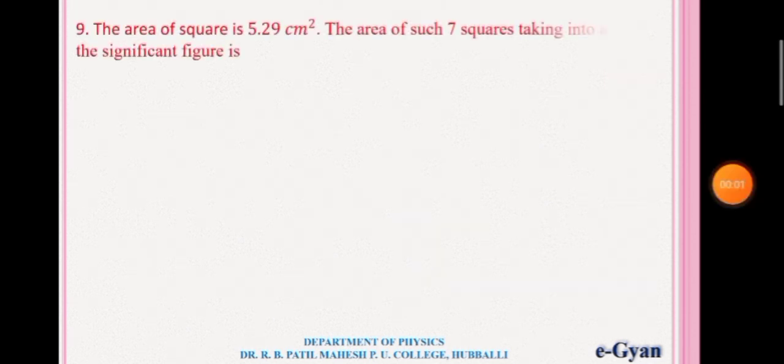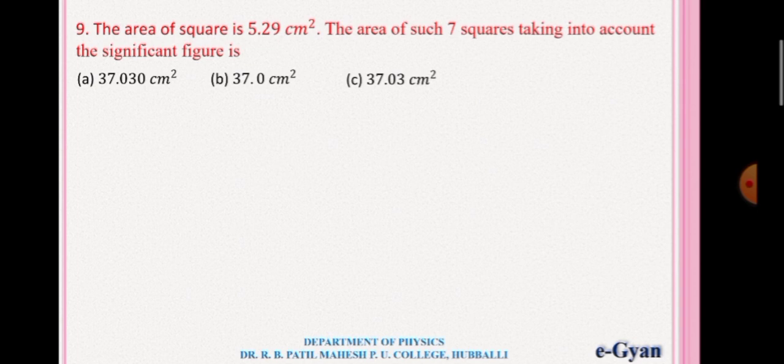Question number 9. The area of square is 5.29 centimeter square. The area of such 7 squares taken into account, the significant figure is option A 37.030 centimeter square, option B 37.0 centimeter square, option C 37.03 centimeter square, option D 37 centimeter square.